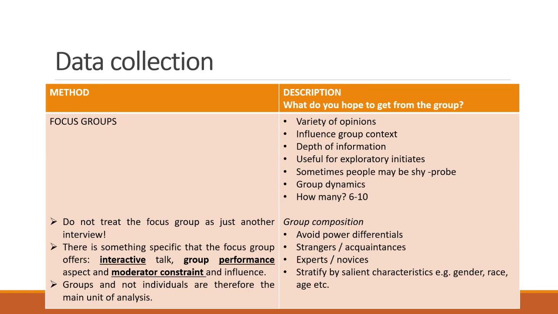What happens when people are sitting together talking about a particular issue, where they agree and disagree? And with focus groups, because it also needs to be manageable, you're looking at about 6 to 10 people at the most. You don't want it to be too small, people feel exposed. You also don't want it to be too big, because then some people can hide and disappear in a big group, okay?